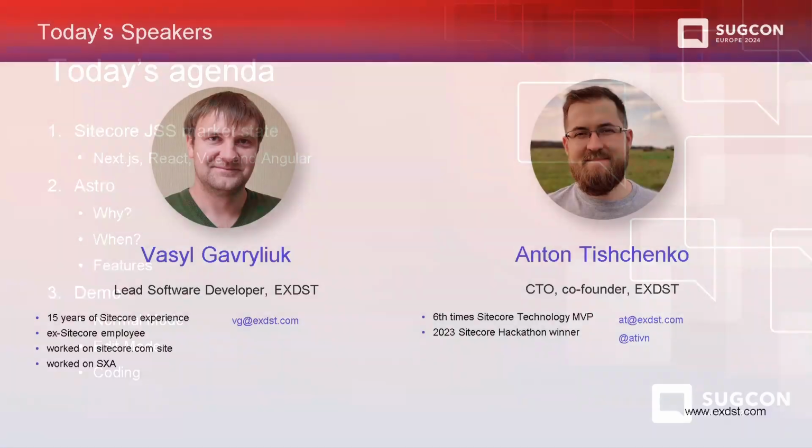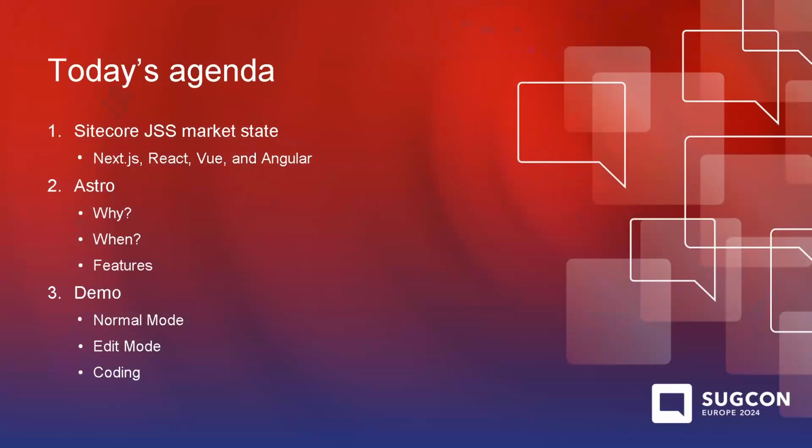So let's start. Today we will talk about the current sitecore-jss market development state, the frameworks that are currently in use. We'll see what is Astro Web Framework, why, when, and how to use it with Sitecore.